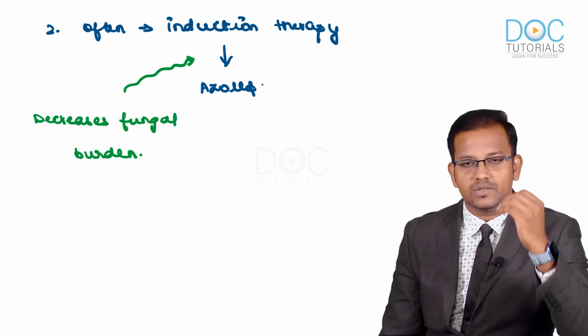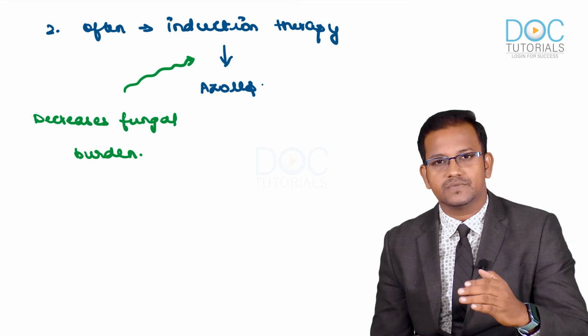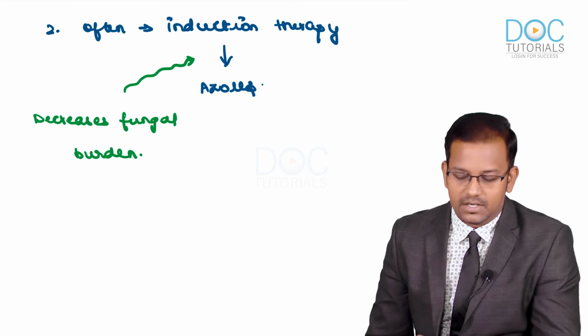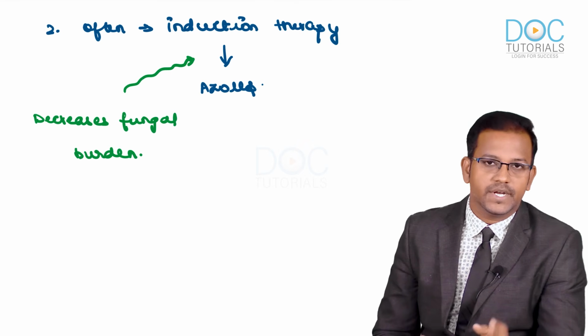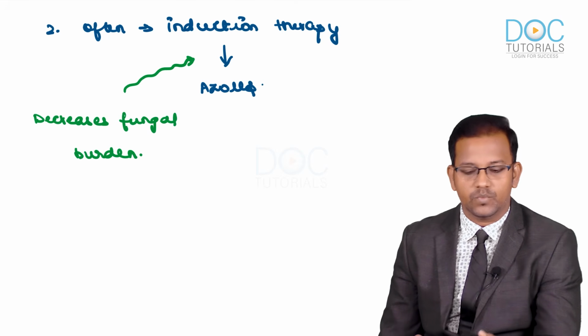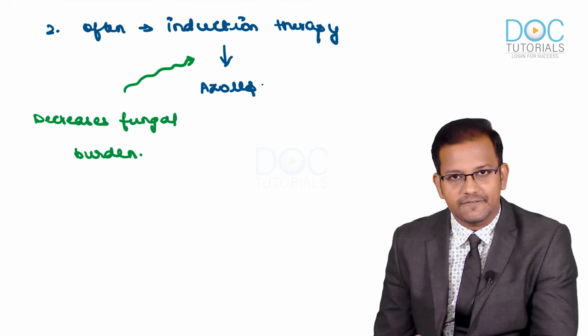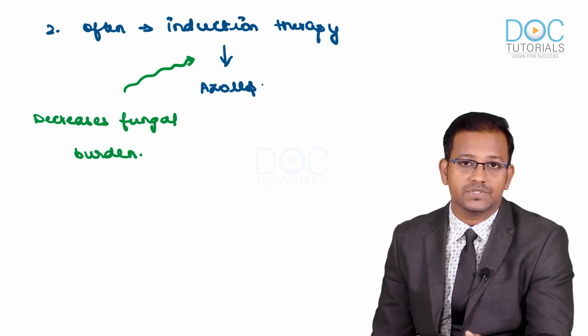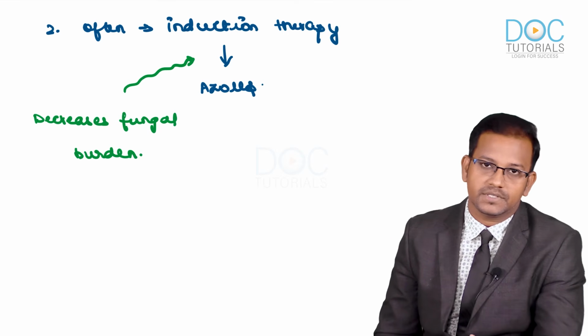Once the fungal burden has decreased, we can replace the drug with many other drugs, especially azoles for this condition. Similarly, for mucormycosis also, we don't utilize amphotericin B till the discharge of the patient. We give amphotericin B to decrease the fungal burden, followed by azoles so that we can decrease the adverse drug reaction probability of amphotericin B.